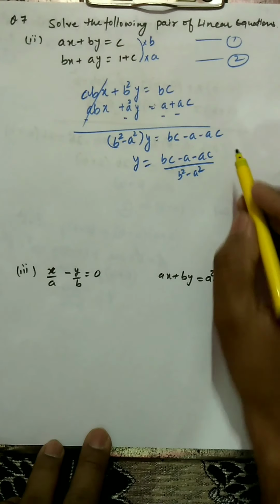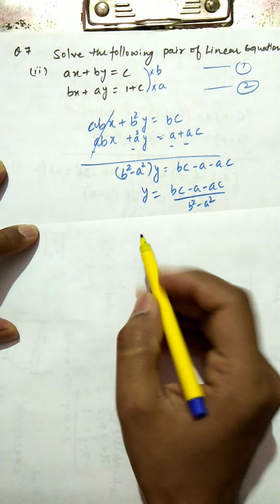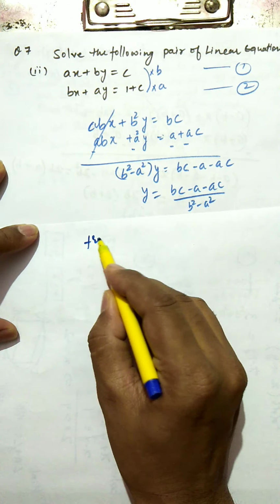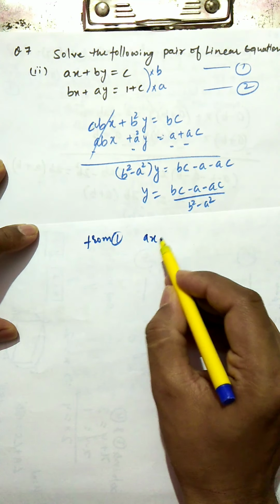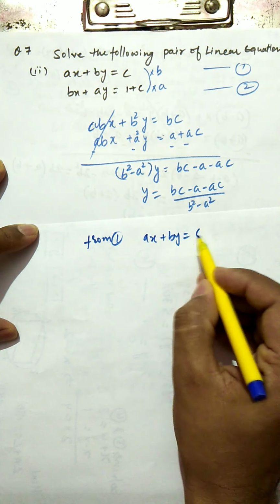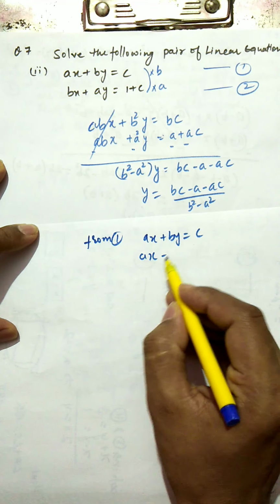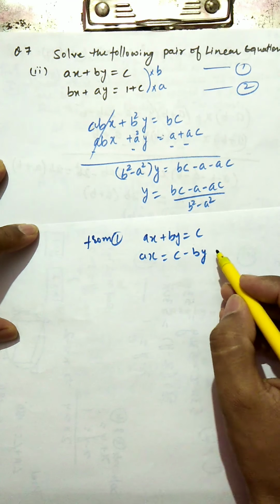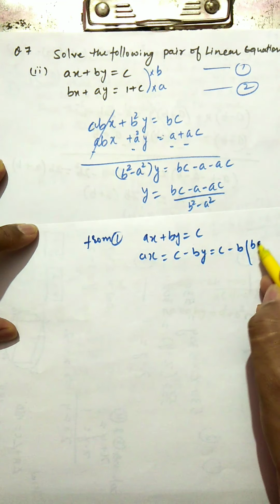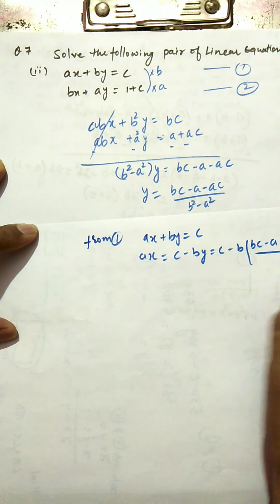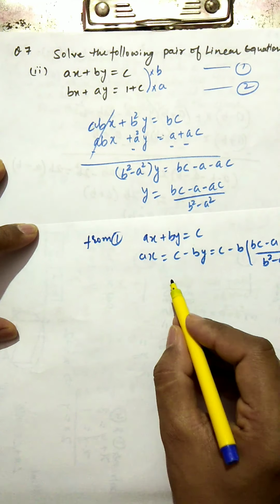After getting the value of y, we can put it in equation number 1. So from 1, ax + by is equal to c, so ax is going to be c − by. So c minus b times y, where y is (bc − a − ac) upon (b² − a²). Now we'll simplify this.